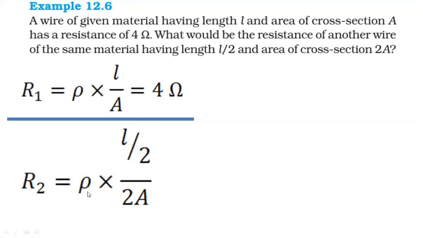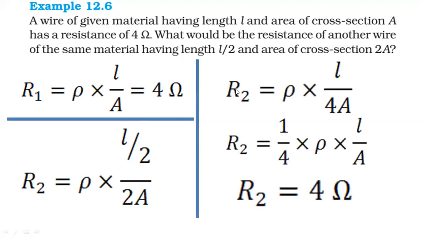Now this 2 needs to come down. So it becomes L by 4A, because this 2 and this 2 multiply to give 4. So R2 becomes rho into L by 4A.